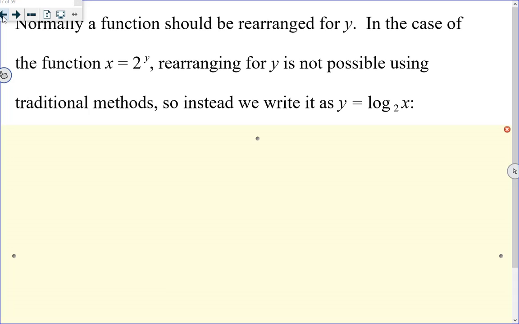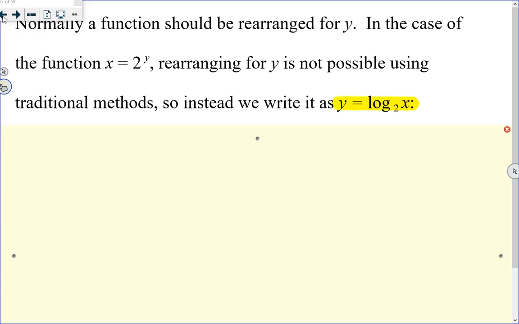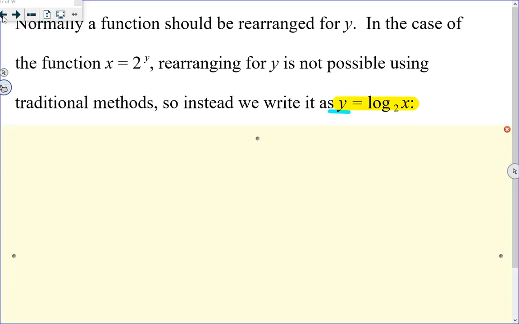And that expression is pronounced y equals log base 2 of x, or y equals the base 2 logarithm of x. And all it means, and this is really crucial, is that y is the exponent to which you raise 2 to get x. And if you look up here, y is the exponent that you raise 2 to get x.